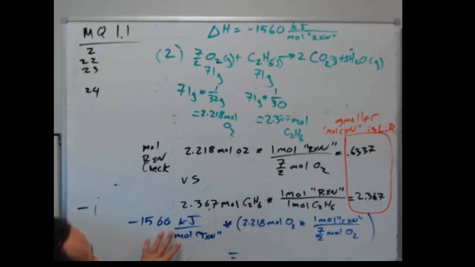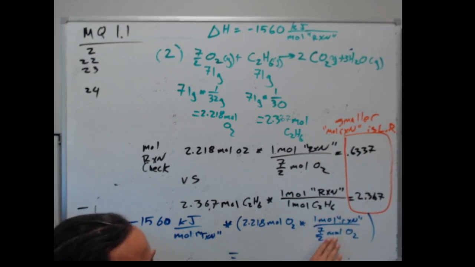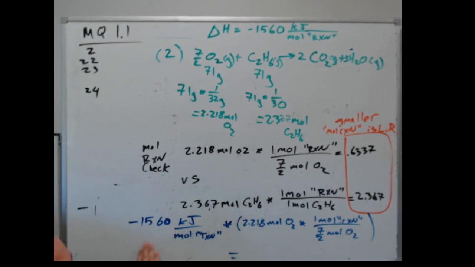Or I could have turned my 1560, this looks like a 6, into kilojoules per mole of O2 by dividing by 7/2 on this side. But since it's multiply, multiply, multiply, I'm doing the 1 over 7/2 here or here. It mathematically ends up being the same.